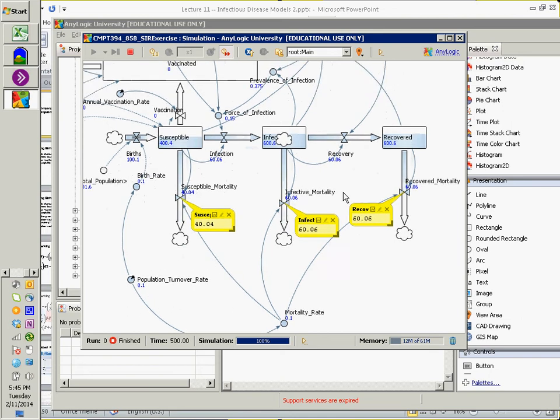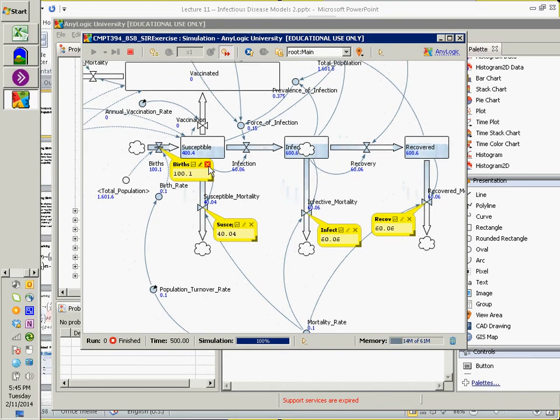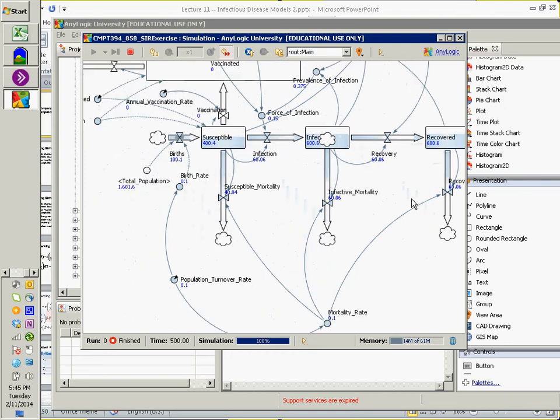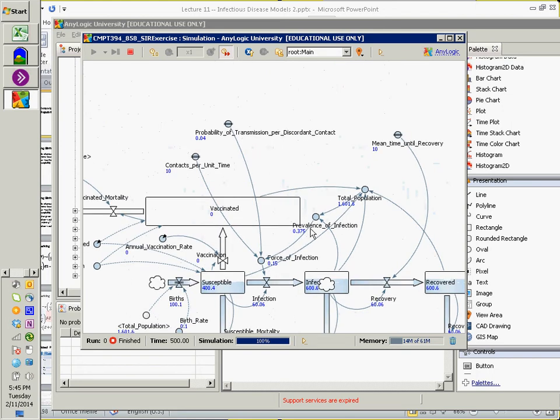So why are those totaling up to something different than births, which is 100? Okay, that's not fully computing with me. I must be missing something here, but I have set it so the total population should be in balance. So let's go look at the total population over time. It's in balance at 1601.